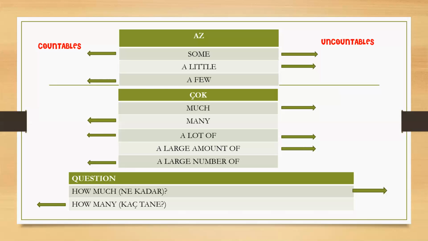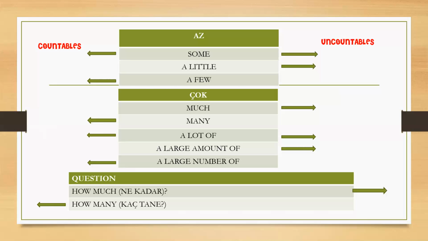As for the question, we have already learned about it, but let's repeat. How much? Ne kadar? Neyi bahsediyorum burada? Miktar bahsediyorum. Uncountables. How much sugar do I need for this cake? The next one. How many? Kaç tane?